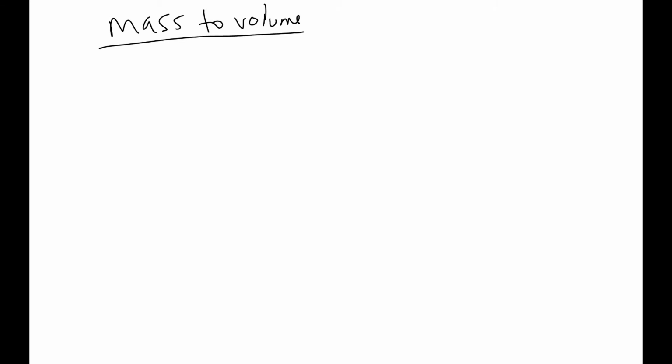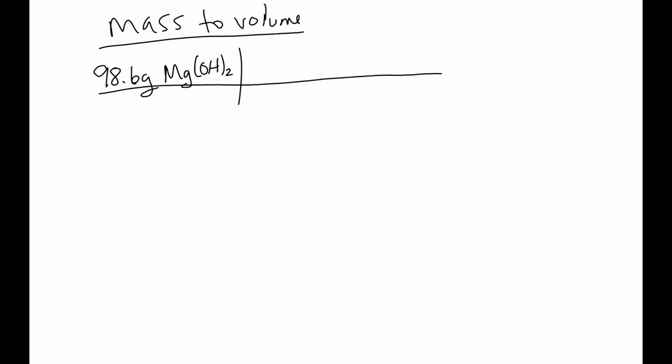Okay, so in the mass to volume, we have to start out with the mass and put it in the picket fence to find the moles. So it's 98.6 grams of MgOH2. And 1 mole of MgOH2 has a mass of 58.33 grams of MgOH2.